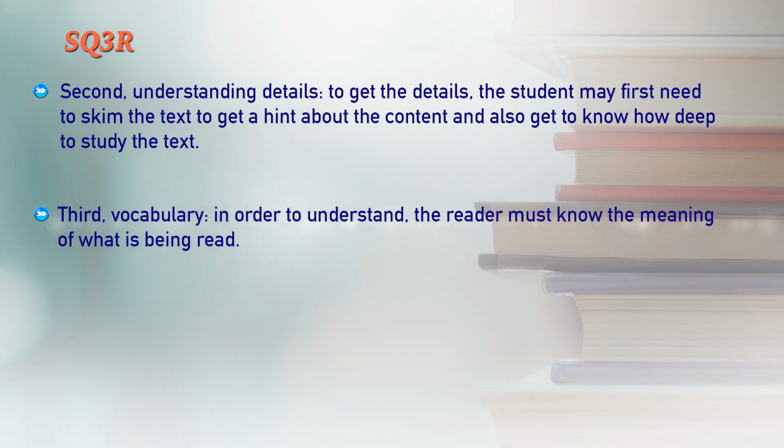Third, vocabulary. In order to understand, the reader must know the meaning of what is being read. Imagine how frustrating it would be to read and be unable to understand most of the words. Knowing the meaning of words is important for successful reading. And fourth is inferring.